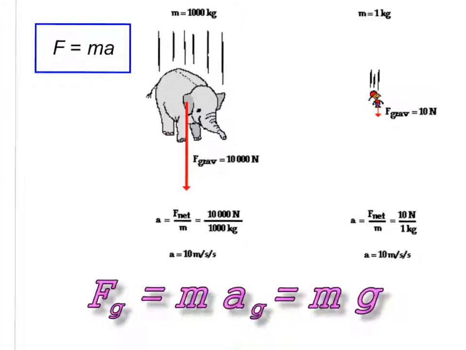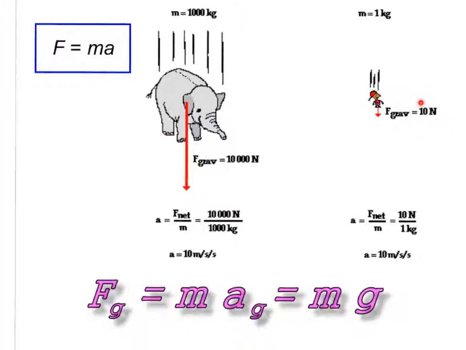Now, how can that be true if the force due to gravity on this large object is 10,000 newtons, but the force due to gravity on this object is only 10 newtons? Well, the force due to gravity on this object is so much more because this object has so much more mass, 1,000 kilograms of mass to be precise.